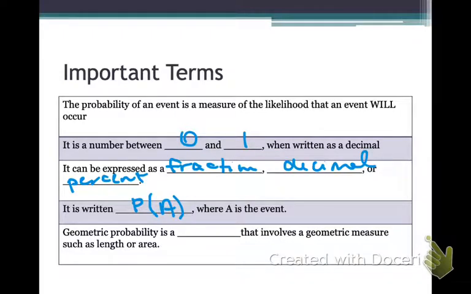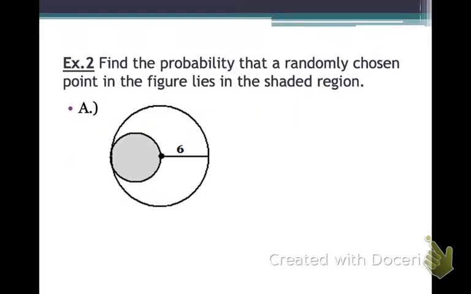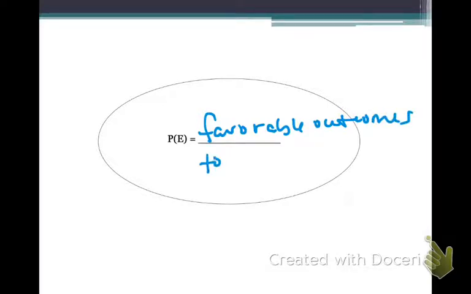Okay, geometric probability is a ratio that involves a geometric measure such as length or area, and that's why we're doing it now, because we just did all this stuff with area. Right, so if I want to find the probability of the event, your numerator is the favorable outcomes, and your denominator is the total outcomes.